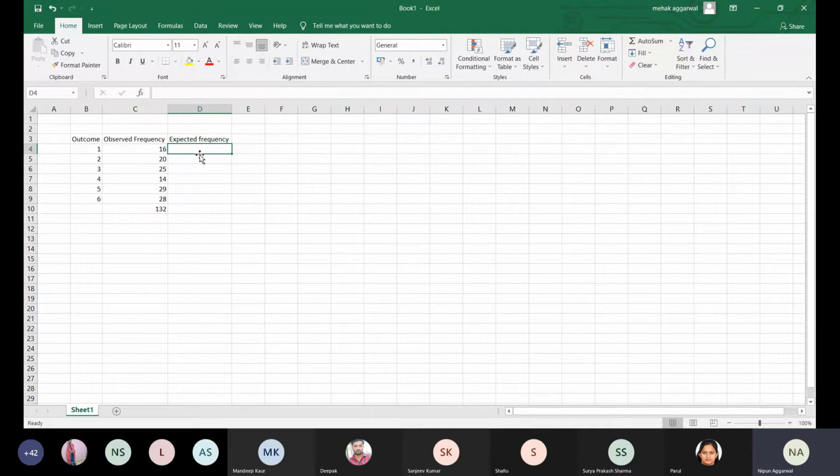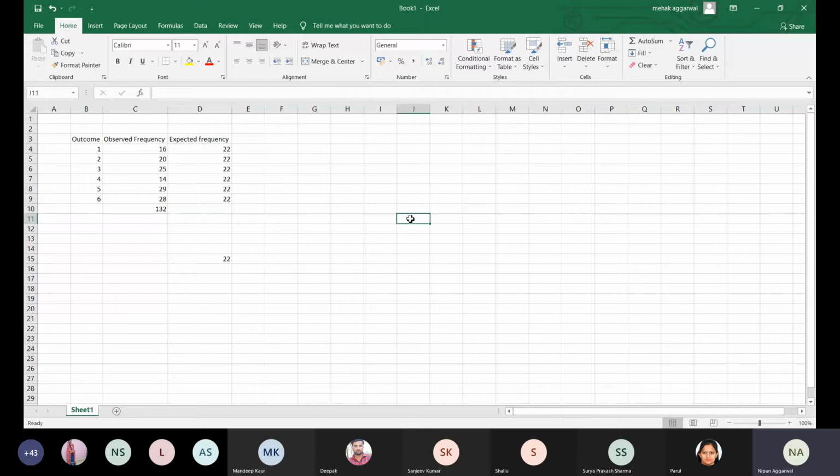The number of expected frequencies is the total into 1 by 6, which is 132 divided by 6. So 22 is the expected frequency for each.